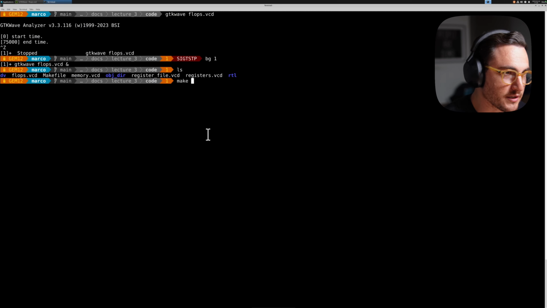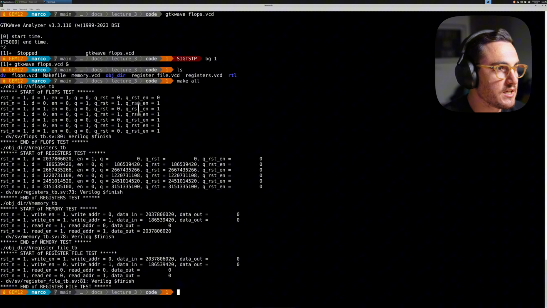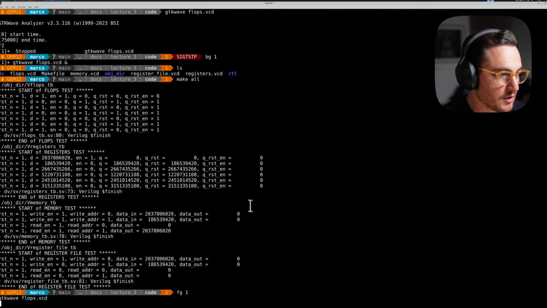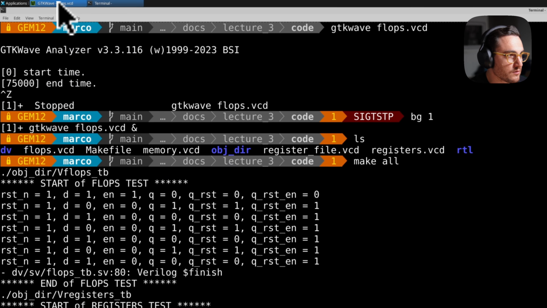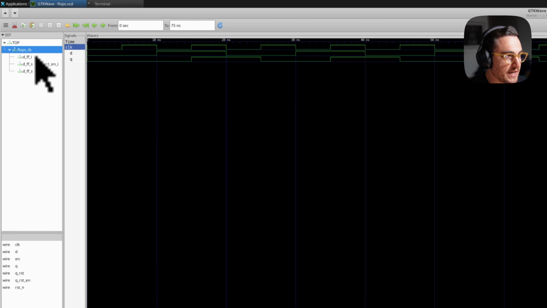You can type make all and it's going to make the testbenches. And if we open up flops.vcd with GTKWave, with this command gtkwave flops.vcd, this one is going to pop up. And under top flopsdb, we have the 3 different flops that we're going to see throughout this lecture.